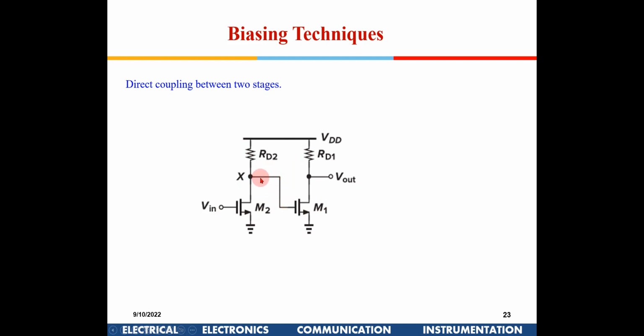Suppose this is already biased with some current source, and hence this DC operating point is stable. In that case, I can directly couple it here. Does that answer your question, Vishwanath? So this has to be stable. If it is stable, then we can do this kind of direct coupling also.